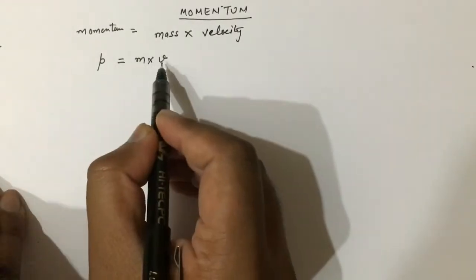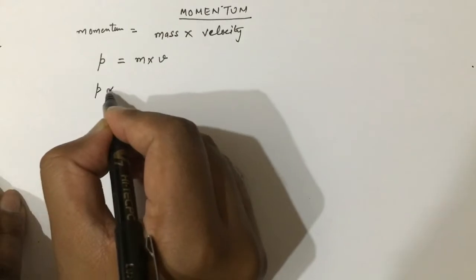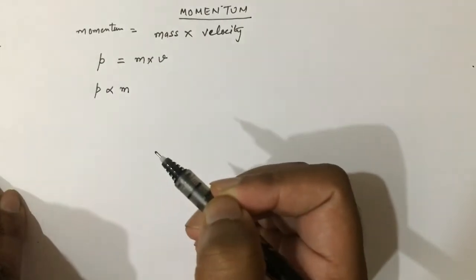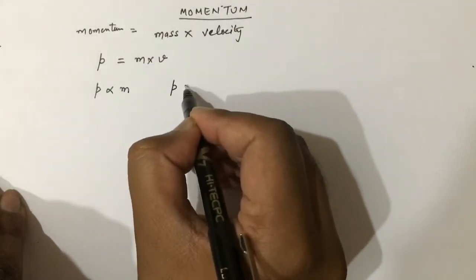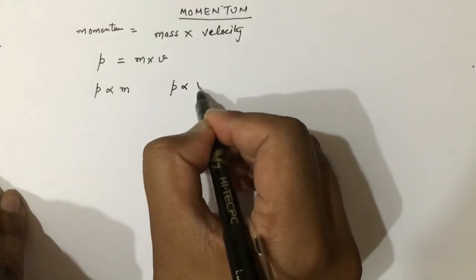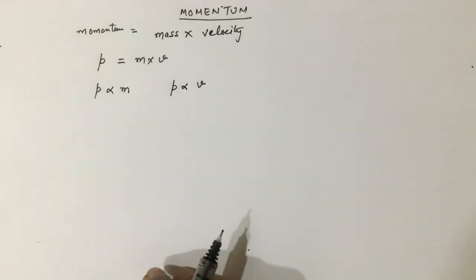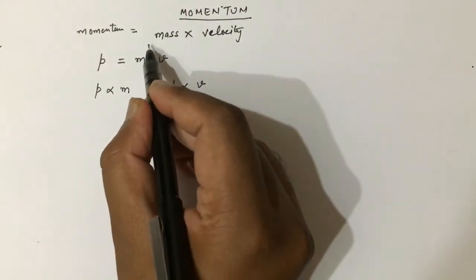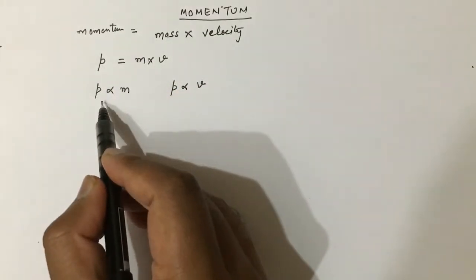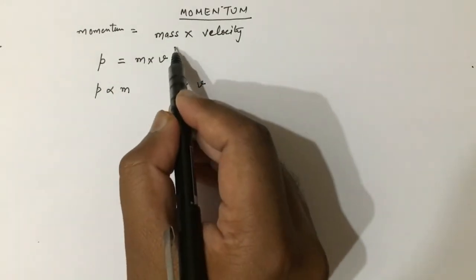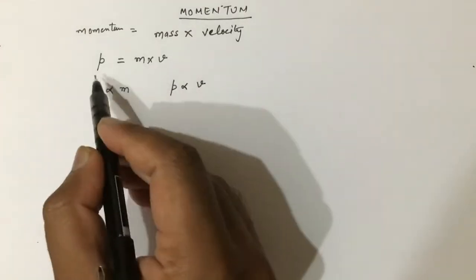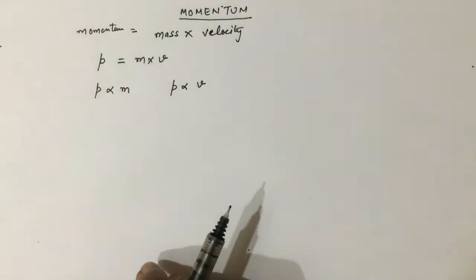Now look at this relation: momentum is directly proportional to the mass, and momentum is also directly proportional to the velocity. It means if you increase the mass of the object, then momentum will increase. If you increase the velocity of the object, then also the momentum will increase.